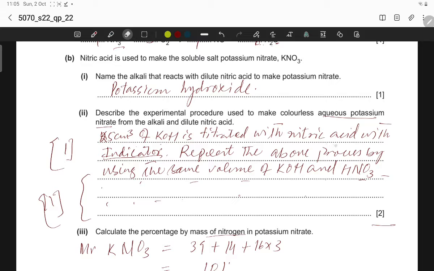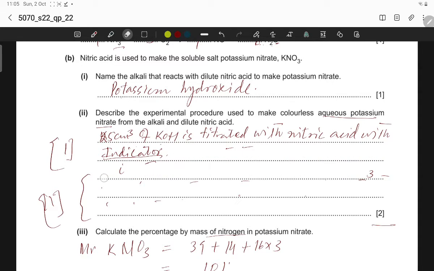It is titrated with nitric acid, using a conical flask, and a pipette and burette.